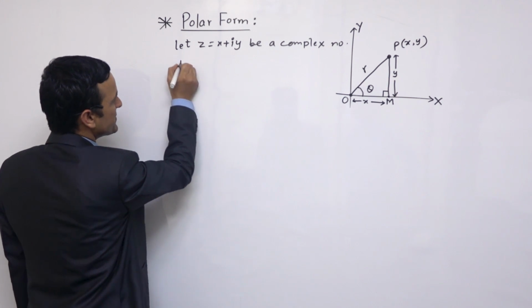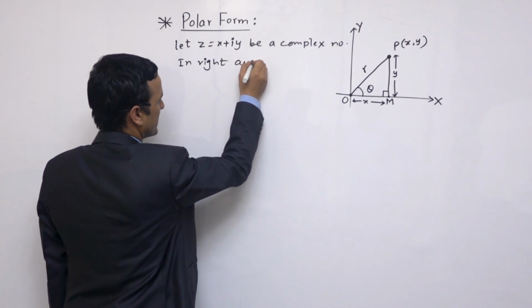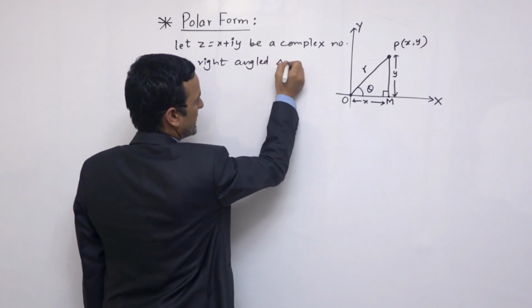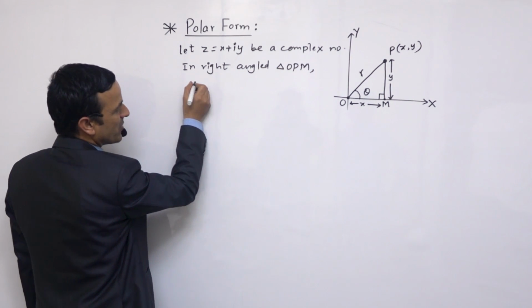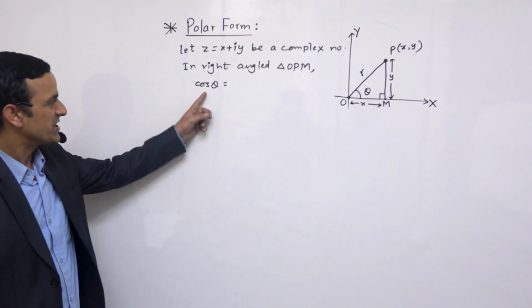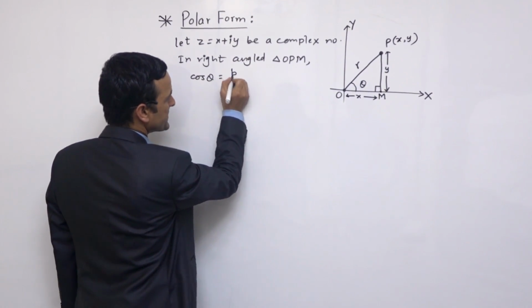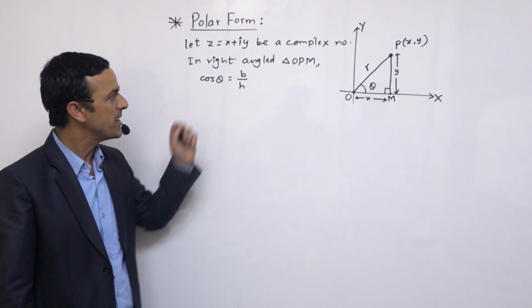So in this right angle triangle OPM, we can find out the value of cos theta. Cos theta is equal to base by hypotenuse. It is the formula of cos theta.